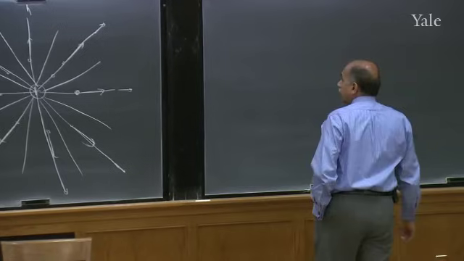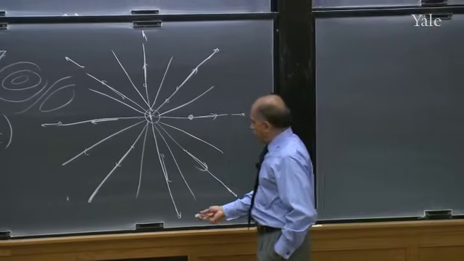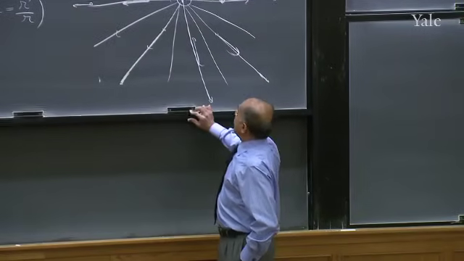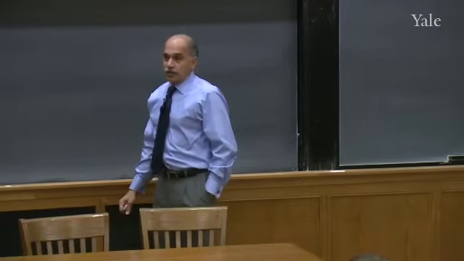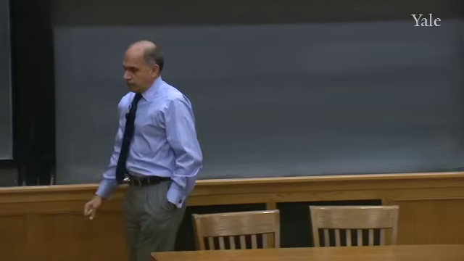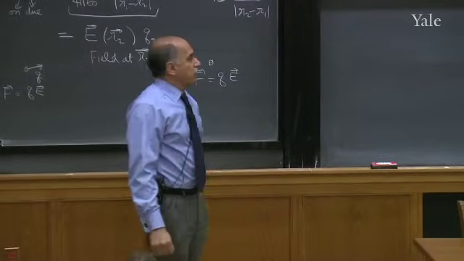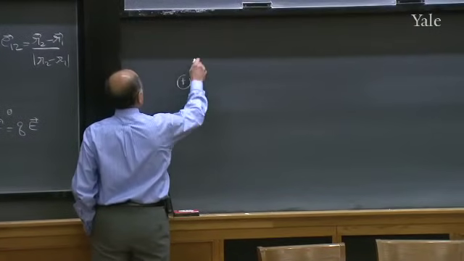But due to the miraculous property of the Coulomb force, namely that it falls like 1 over r squared, there is information even on the strength of the electric field. And that information is contained in the density of electric field lines. And I'll tell you precisely what I mean. So here is the charge.